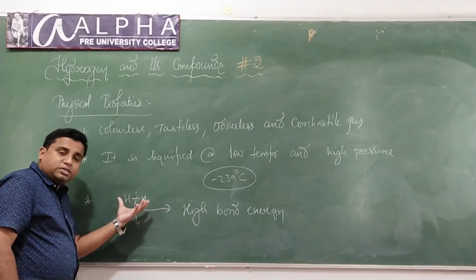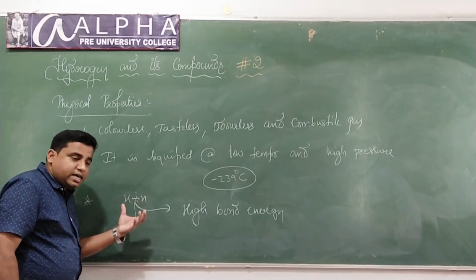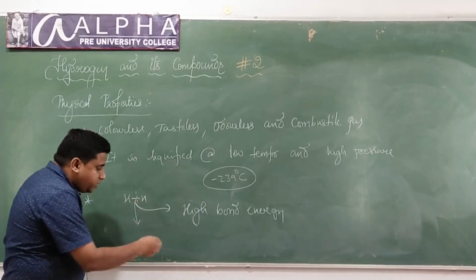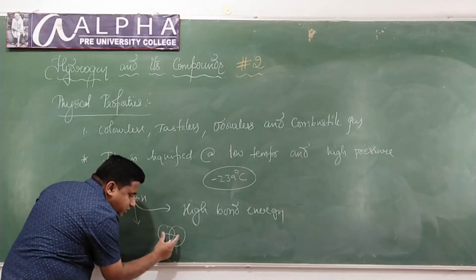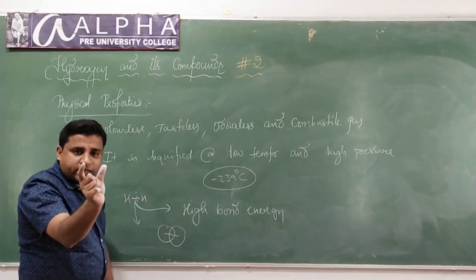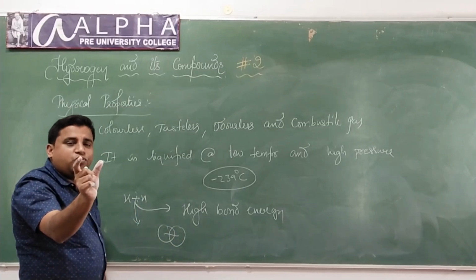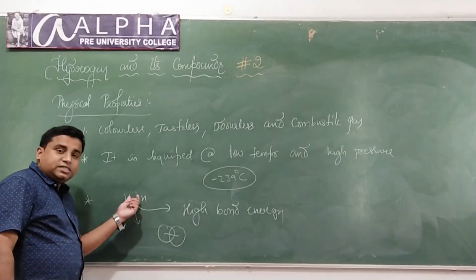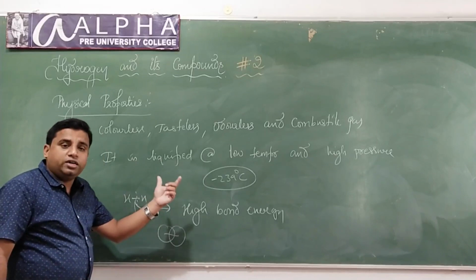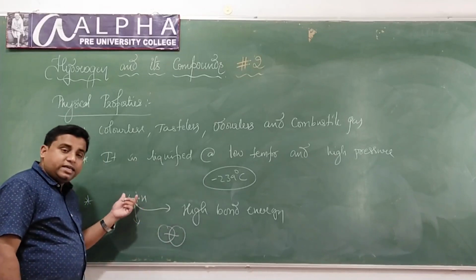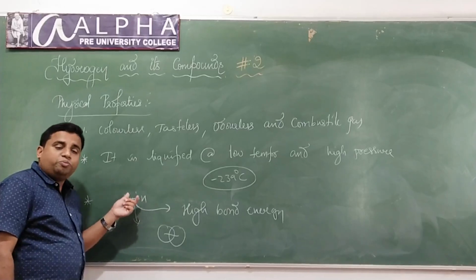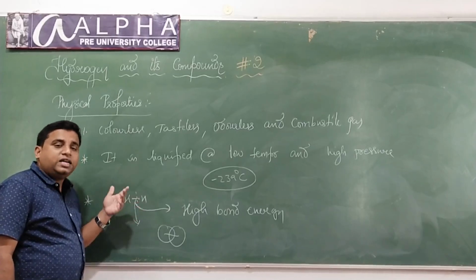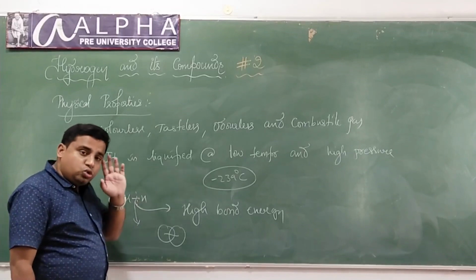Since the two atoms are smaller in size, the two atoms are very near to each other. Therefore, this bond is the shortest bond. Since the bond is very short, it will be very strong. That means this has a very high bond dissociation energy. If you want to break this bond, you have to supply a large amount of energy. You should note this point.